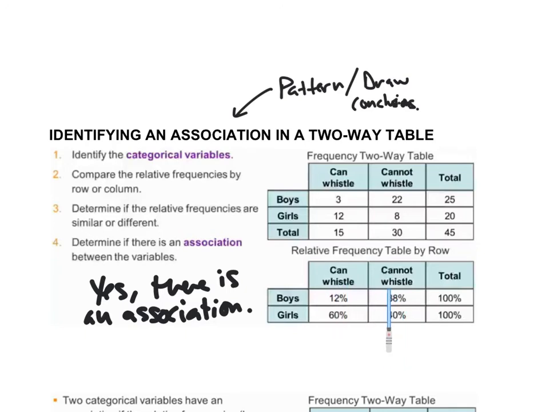And looking at the columns, 12% versus 88%, and 60% to 40%, those are pretty significant differences in those values.